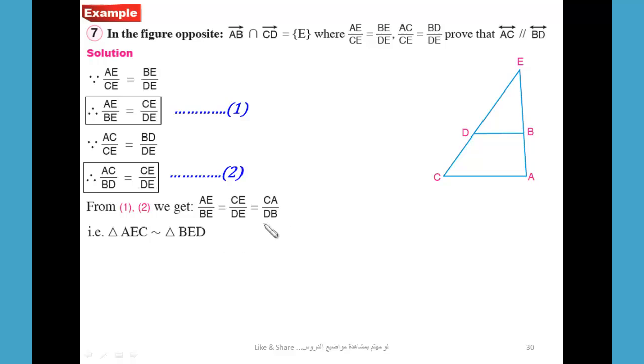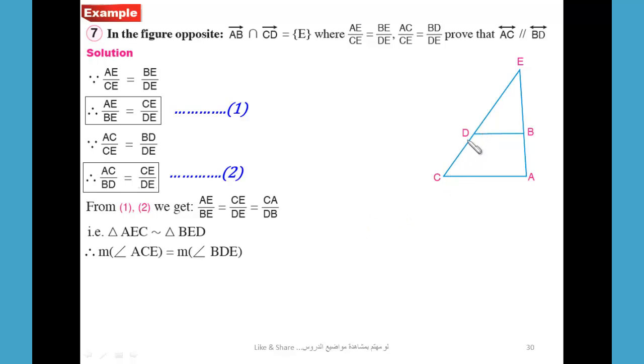Again, back to the figure. Triangle AEC, the big one, is similar to triangle BED. And we can say the corresponding angles are equal in measure. It means the measure of angle ACE equals the measure of angle BDE, and they are in corresponding position.